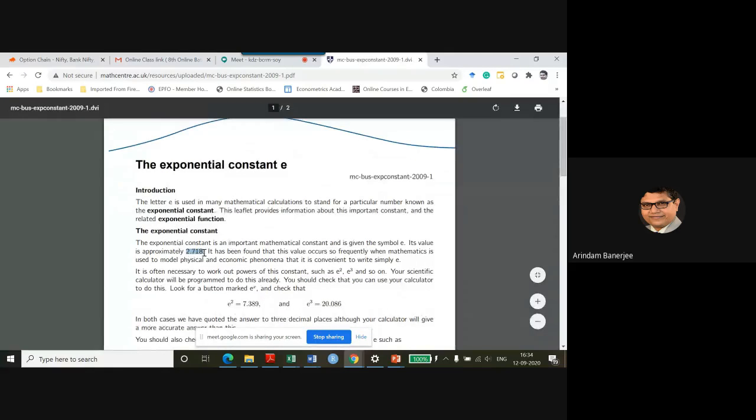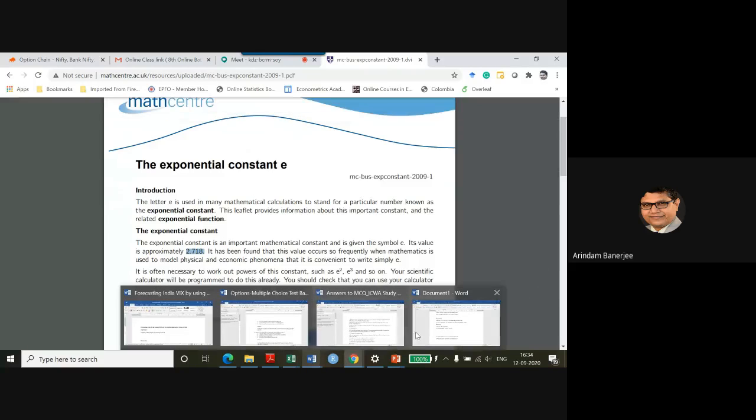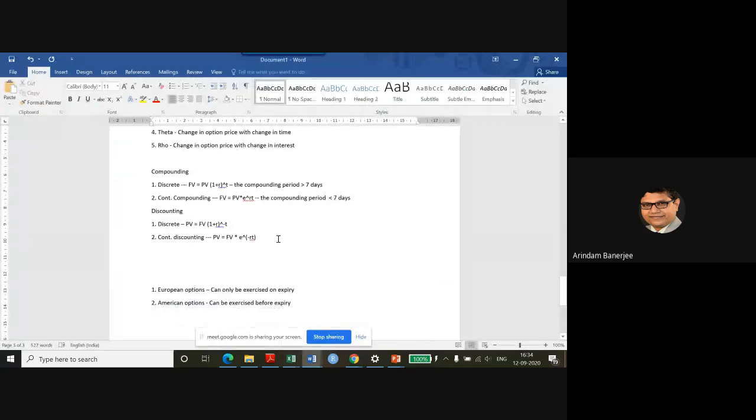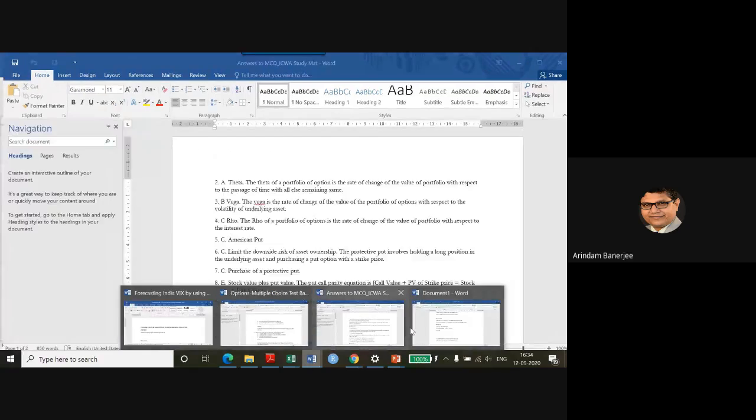This is the value of exponential. This is a universal value. This is a constant. Like pi is a constant, exponential is also a constant.